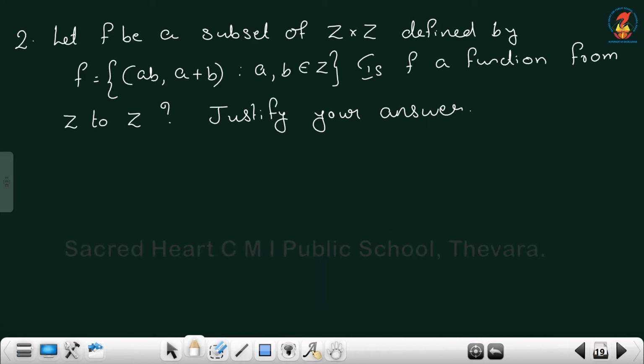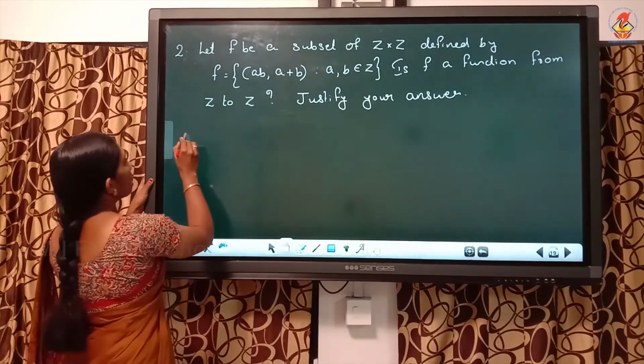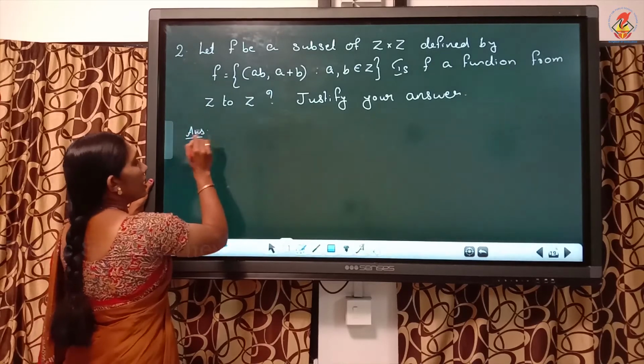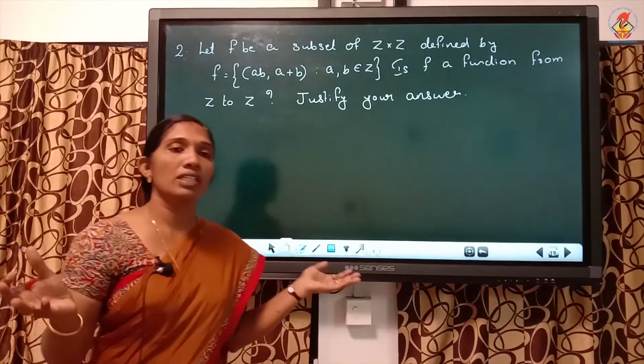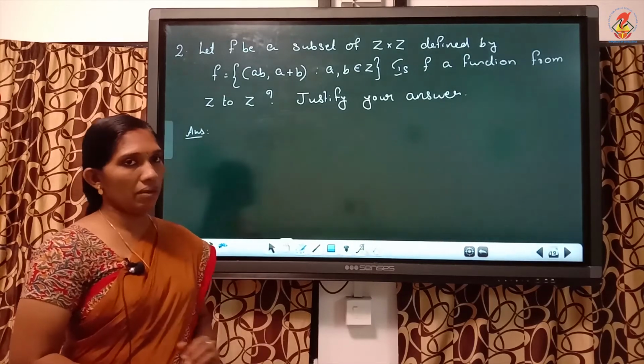Function means every element has one and only one image. So here I am taking an example. We can't check all, since integers means there are infinitely many numbers, so it is very difficult to take all the numbers.